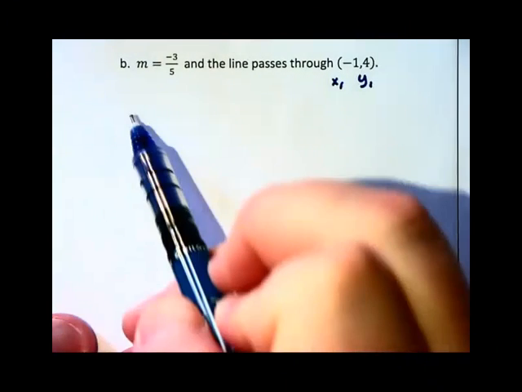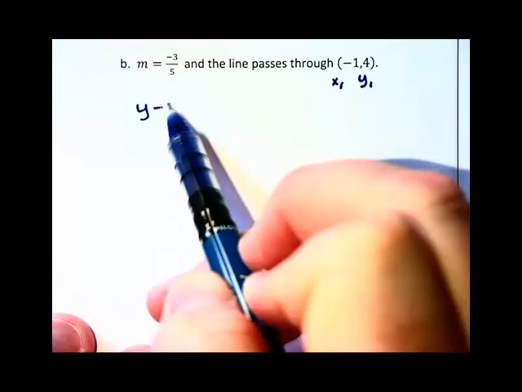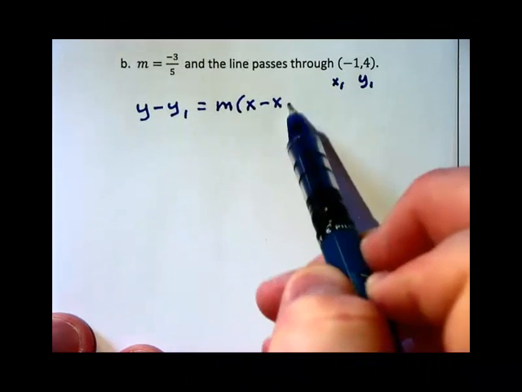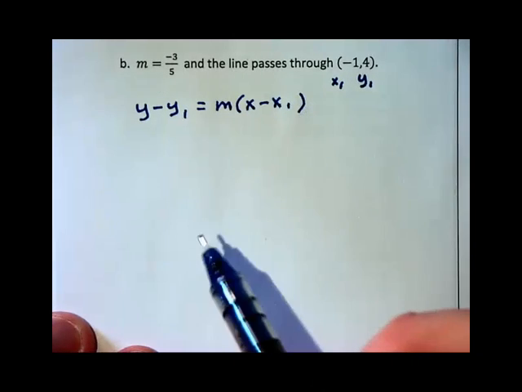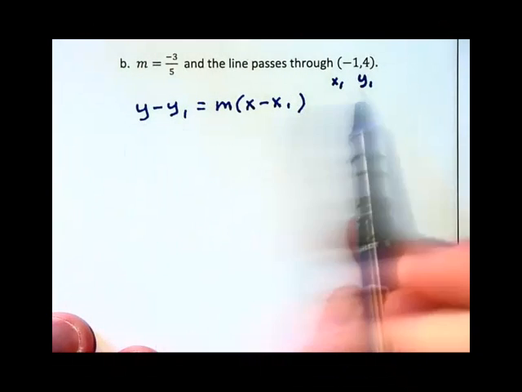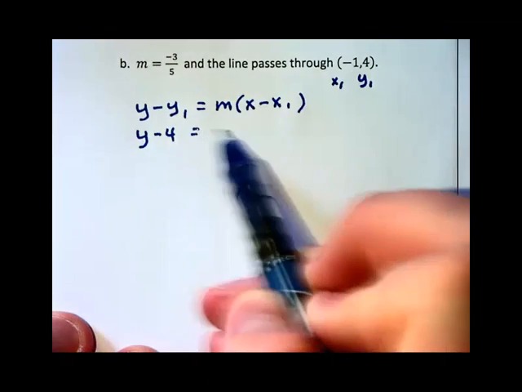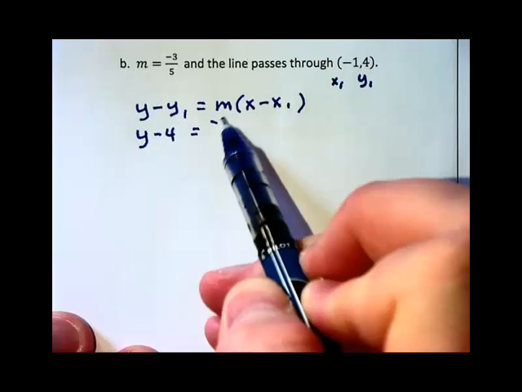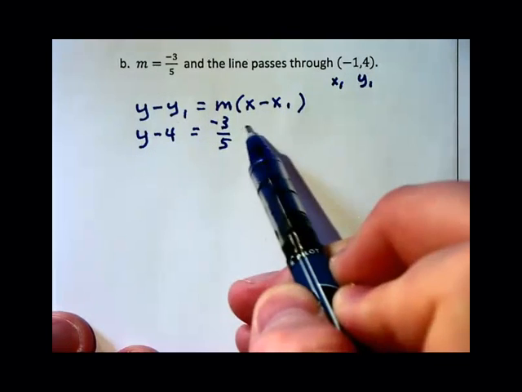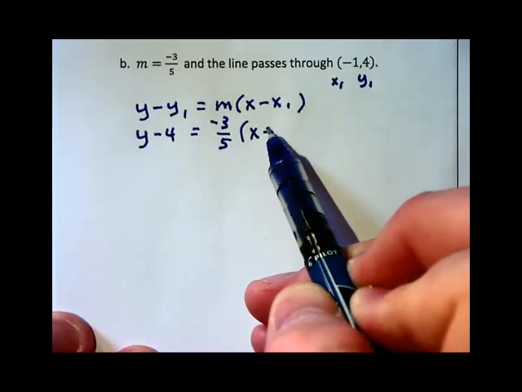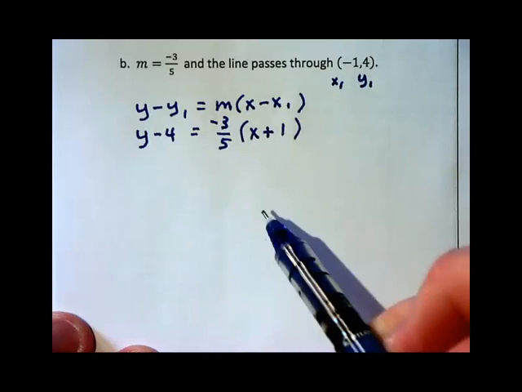That'll be our x1, y1. I'm going to use this formula, y minus y1 equals m times x minus x1, and substitute in the numbers. Y minus y1 will become y minus 4 equals m, that's our negative 3/5 that we were given, times x minus a negative 1, which becomes x plus 1.